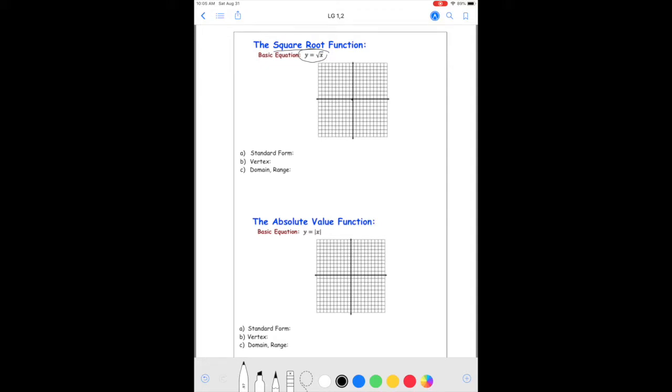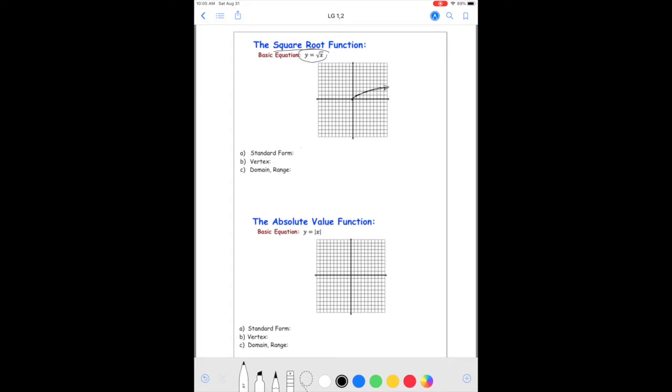So if I make x 1, the square root of 1 is 1, so I know it's there. And if I do the square root of 2, I'll leave it, because I don't know the square root of 2 exactly, or 3, but I know the square root of 4 is 2, so it goes to there. So there is a quick sketch of that square root function.